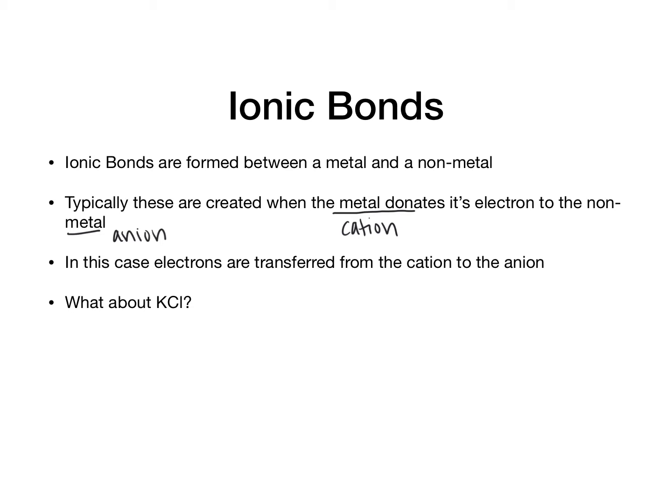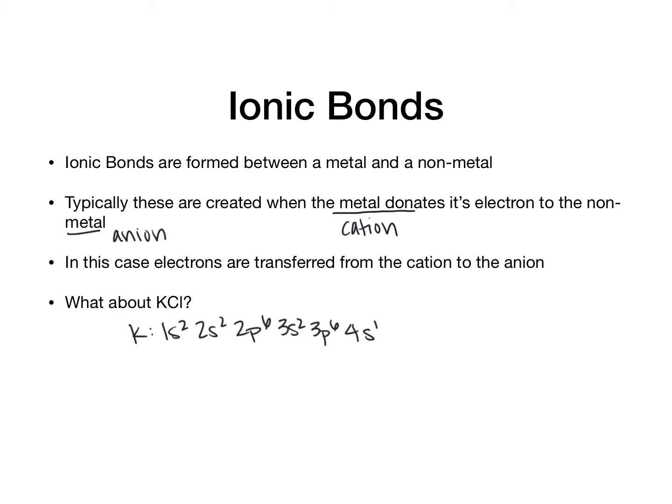If we think about KCl, where potassium is a metal and chlorine is a nonmetal, what do these look like? Potassium's electron configuration is 1s2, 2s2, 2p6, 3s2, 3p6, 4s1.